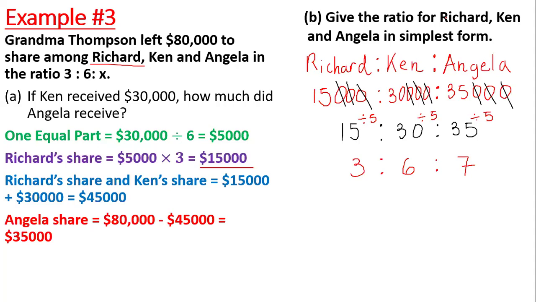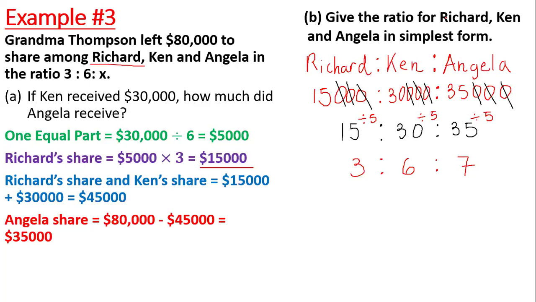And then we do Richard's share, which is 5,000 times 3, which is 15,000. And then we add Richard and Ken's share, which is 45,000. And then we subtract 80,000 and 45,000, which gives us 35,000, and that's Angela's share. Very good.